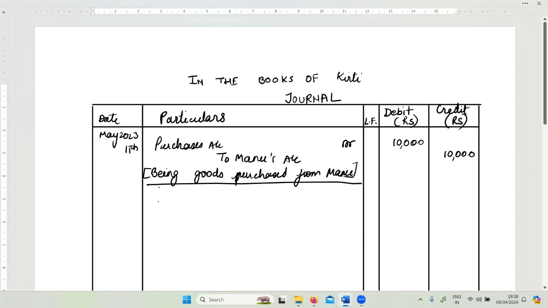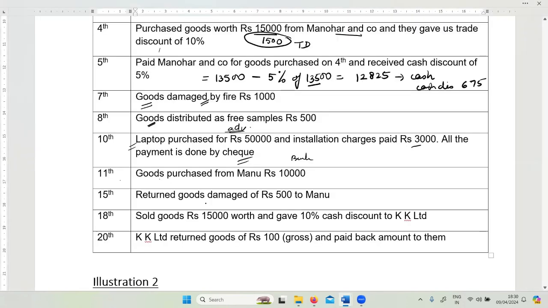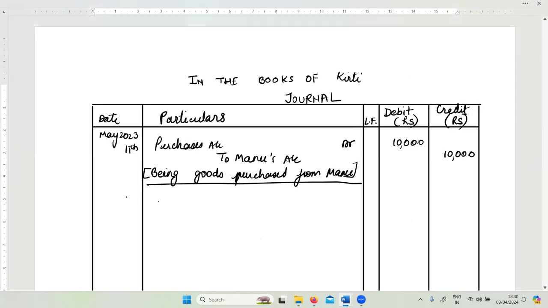Next transaction on 15th, return goods damaged of 500 to Manu. What goods are being returned? Purchased goods. So purchase return is happening, and whom are we returning to? Manu, 500 rupees worth. So 15th, we have purchase returns.